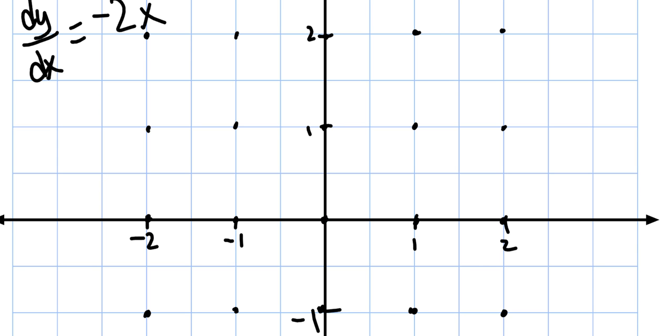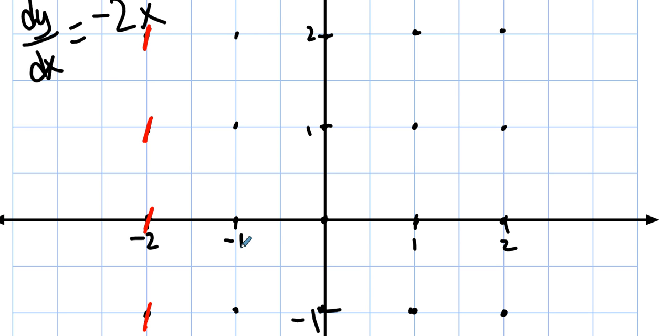So in this case, the slope of the tiny piece of tangent line every time we draw it is -2x. So when x is -2, the slope of the tangent line is always -2 times -2, that's +4. So at each of these lattice points, we would draw a little tiny piece of tangent line with slope 4. That's fairly steep.